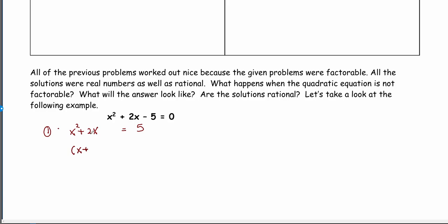Half of this number is 1, so 1 squared. We need to add 1 over here, because when you expand this, you get x squared plus 2x plus 1. To get this, we need 1 there. So you add 1 to the right side to keep the equivalence. That equals 6. Now this is a complete square.